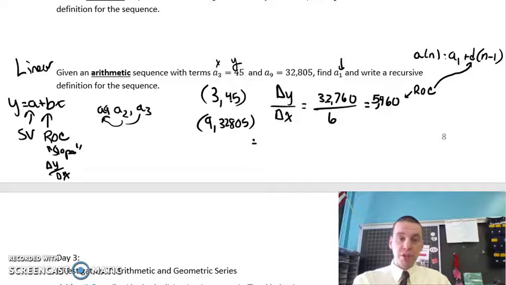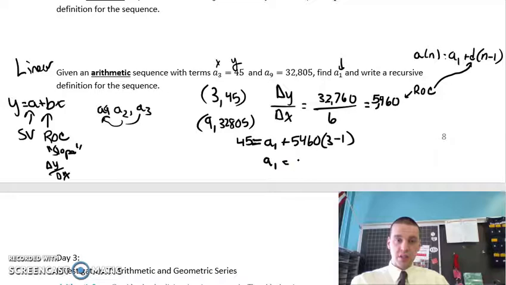We have our point 3, 45, our x and y. We know that this is our y, 45. We know that we're looking for A1. We know our difference, which is 5,460. And we know what n is. N is our 3. If you solve, for time purposes I'm just going to tell you, you get negative 10,875.